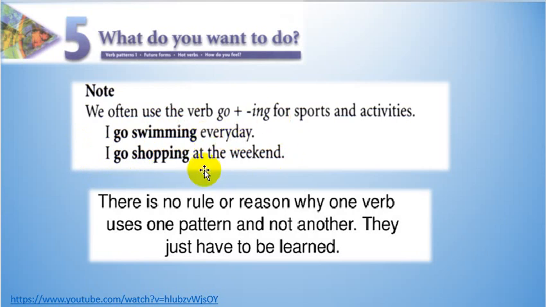That is a usual usage. There is no rule or reason why one verb uses one pattern and not another. They just have to be learned. Okay? There is a useful video, very precise and short, on YouTube. Here's the link. You can watch it in your free time if you wish.